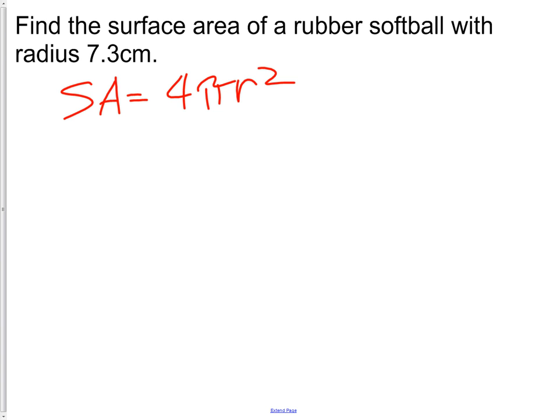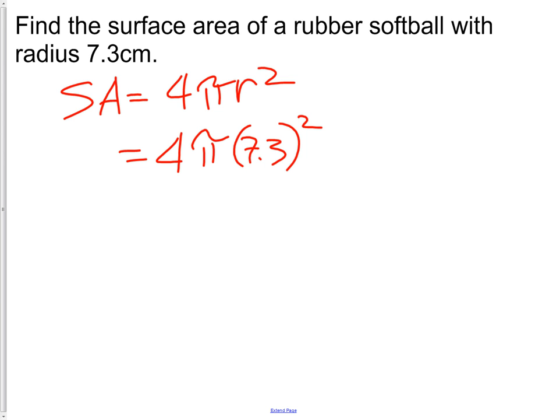So we simply replace r with 7.3. Now, this question is already going to have some decimals in it, so I'm not going to worry about leaving pi in my answer. I'm simply just going to take 4 times pi times 7.3 squared.